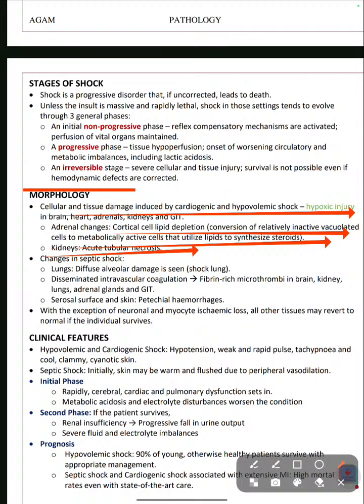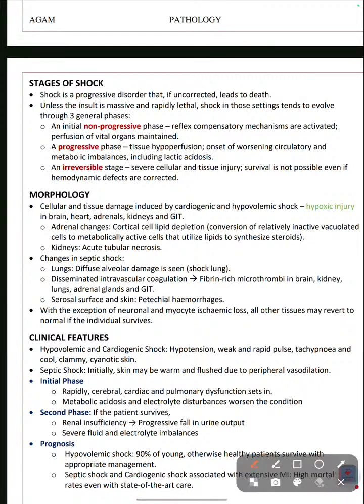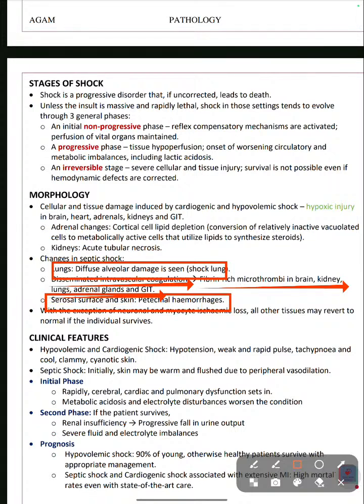Changes in septic shock: in the lungs, diffuse alveolar damage is seen. Disseminated intravascular clots are formed, which cause fibrin-rich microthrombi in the brain, kidney, lungs, adrenal glands, and GIT. There are petechial hemorrhages on the serosal surfaces and the skin.